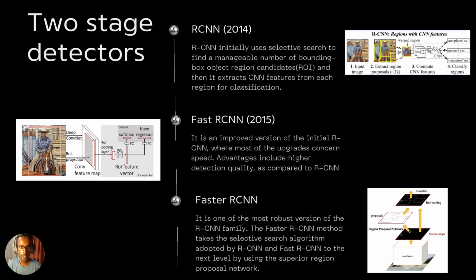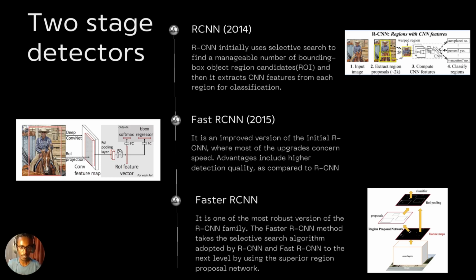the RCNN model just used a handcrafted feature extraction method, such as selective search, and you can also use a sliding window approach. After these regions are proposed by using that method, you resize the image so that it is equal to the input size of the CNN classifier that you're using.